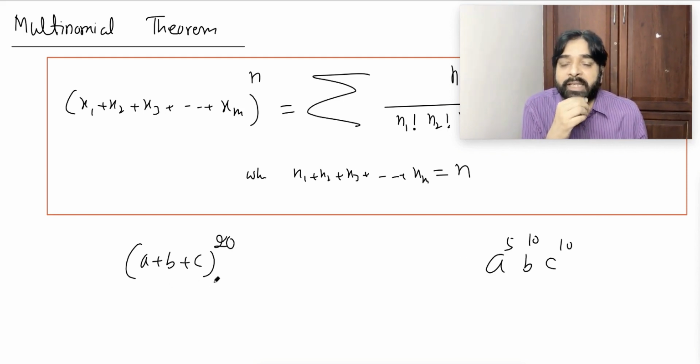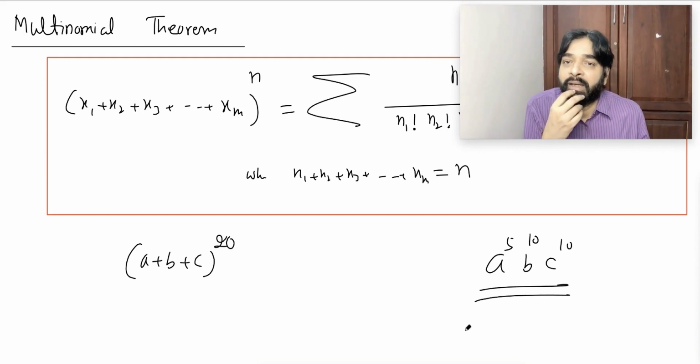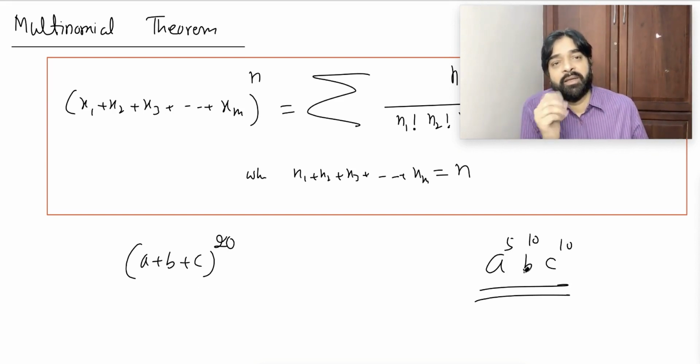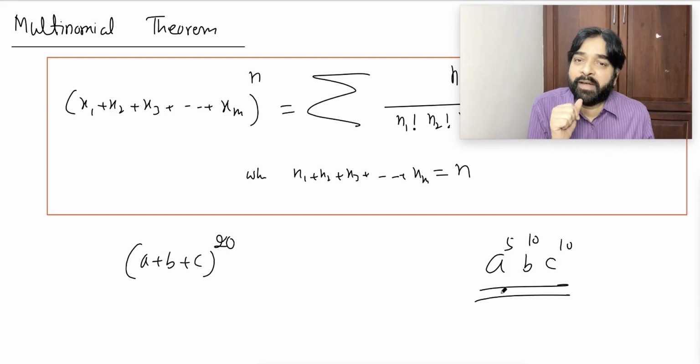Is it possible that this can give such terms? No. Why? Because this is nothing but 20 distributed into a, b, c. So this summation is 25. How is it possible that from 20 objects they can get 25 objects?